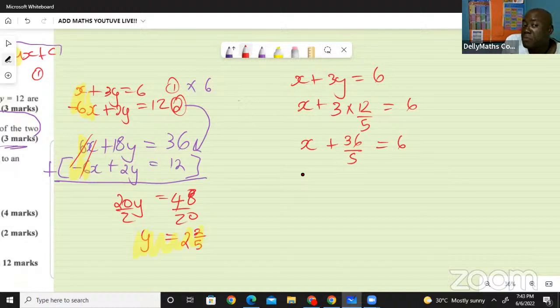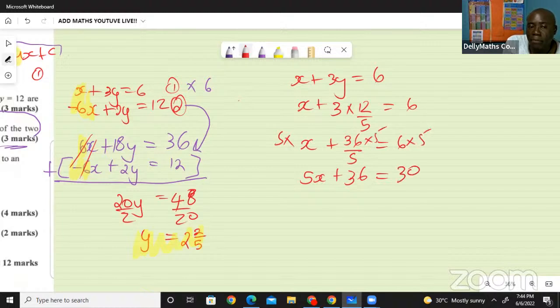Let's multiply everything by 5 so that everybody can see what's going on. You don't have to do it this way, but I'm just saying. Then you subtract 36. So 5x is equal to negative 6.